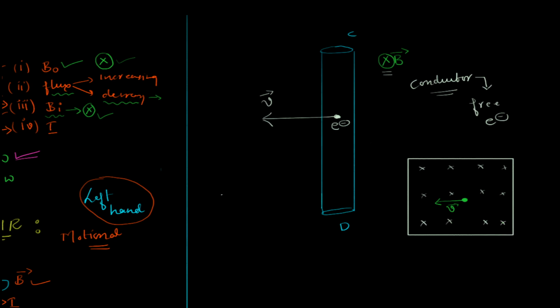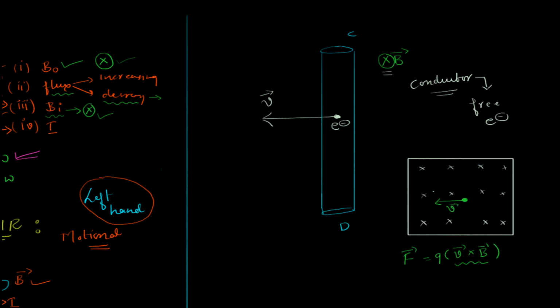If you do the right hand rule, the expression for the magnetic force, I hope you remember, is F equals Q into V cross B. V cross B gives the direction of the magnetic force, right? So V is in this direction, B is inside, so V cross B, using the right hand rule, is actually going to be downwards, but that is for a positive charge.